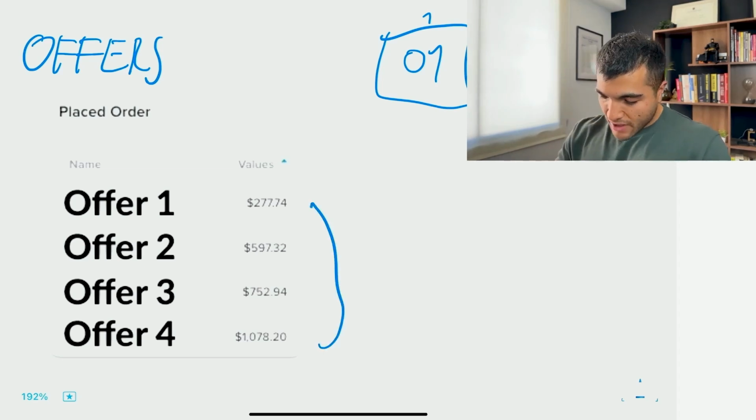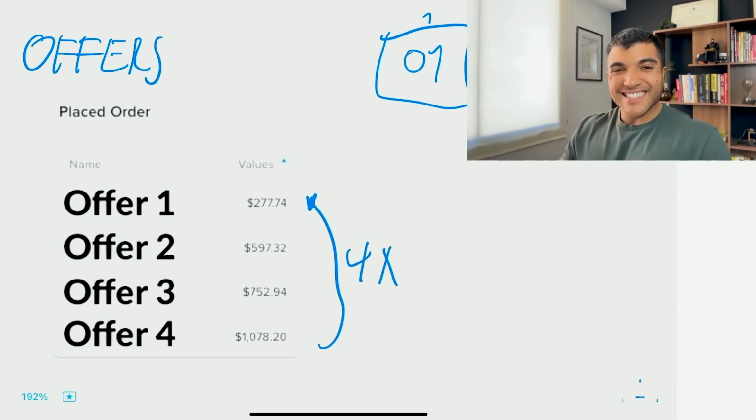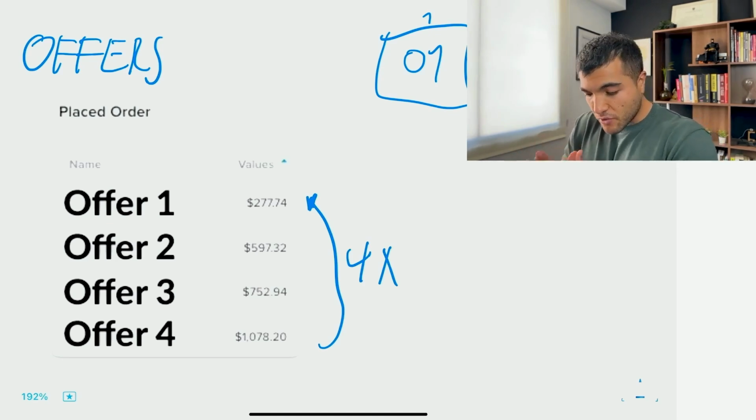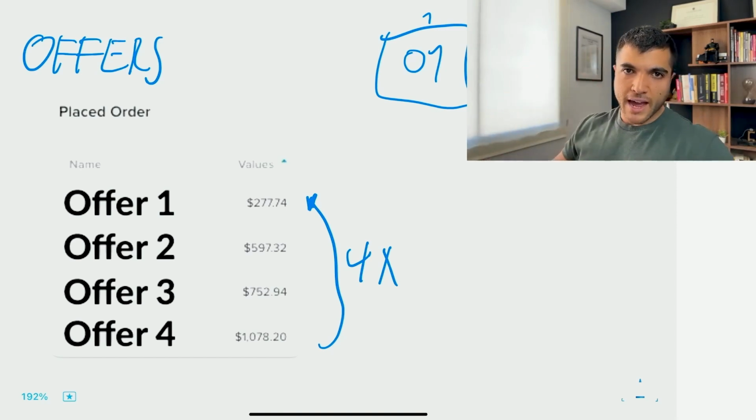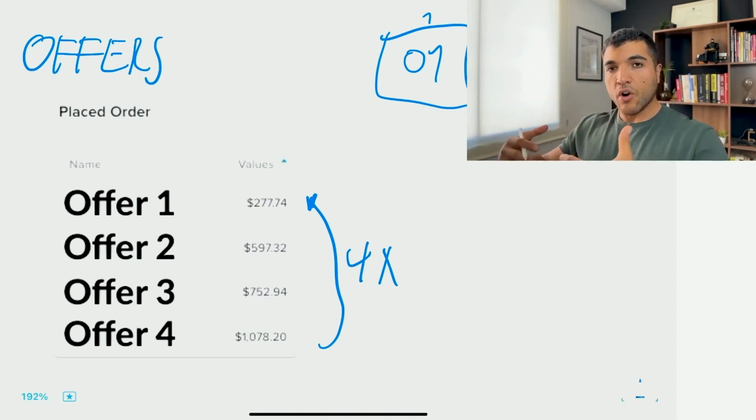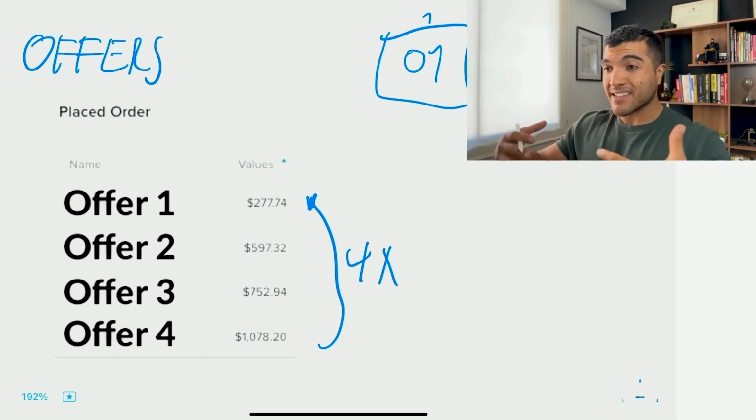The best offer had 4 times higher sales than the worst performing offer. Same people going through the website, same people coming from your ad, same clicks. The only thing that changed was the offer presented to them.